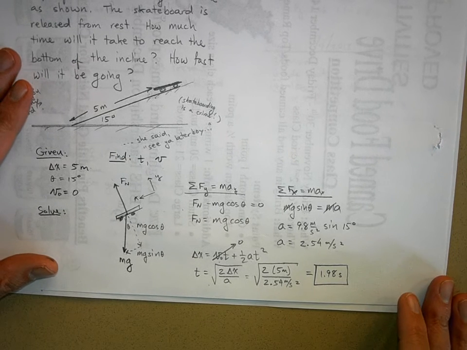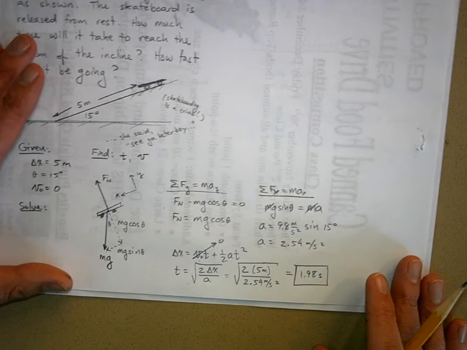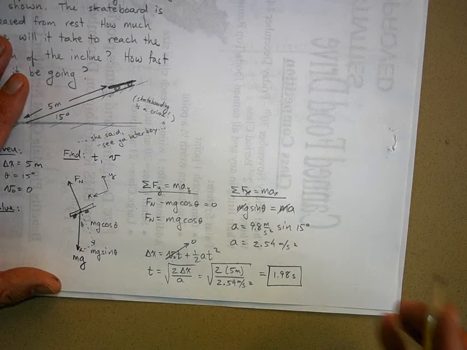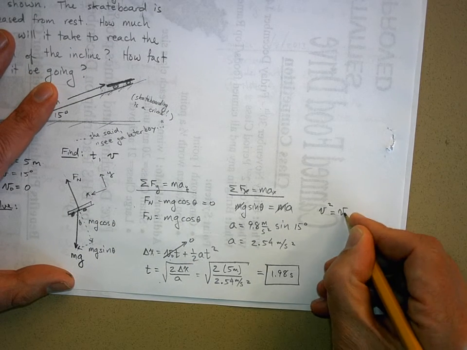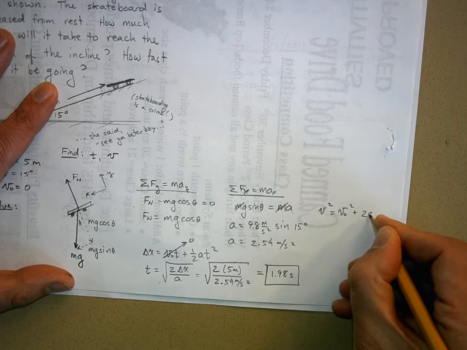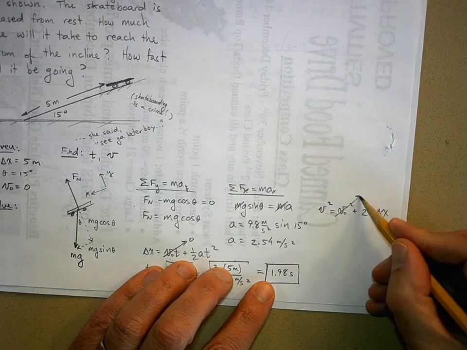Now, I could use the time, but what if I made a mistake? I don't want to carry that mistake forward. So what equation doesn't have time in it? It's the fourth kinematic equation, where v squared equals v naught squared plus 2a delta x. This is 0.